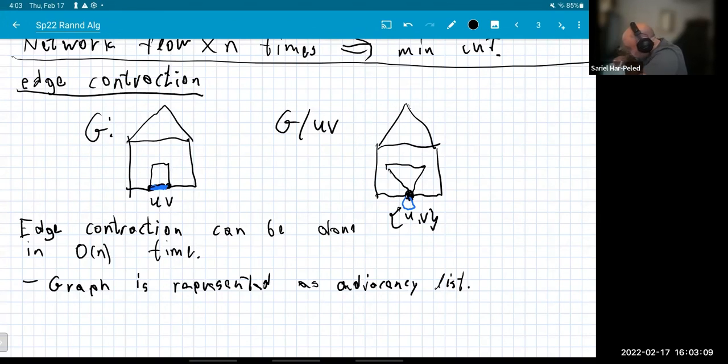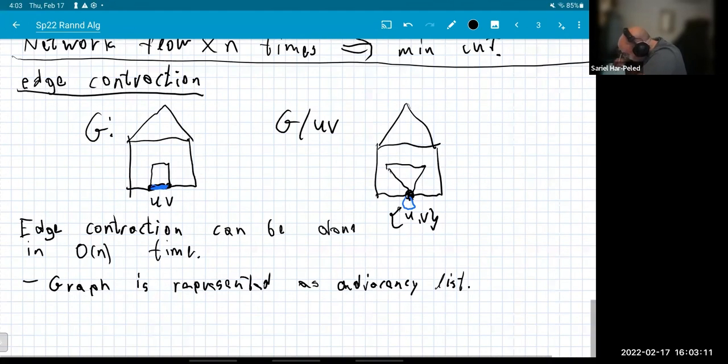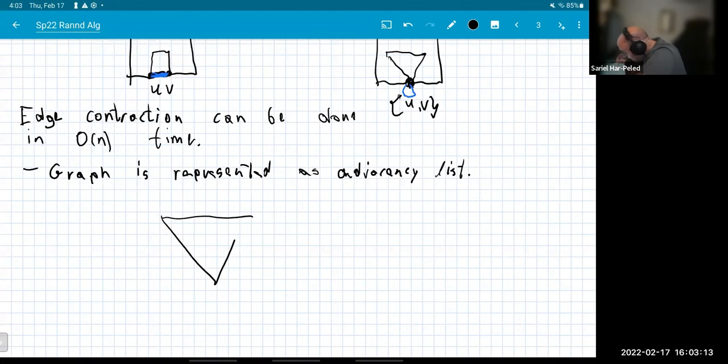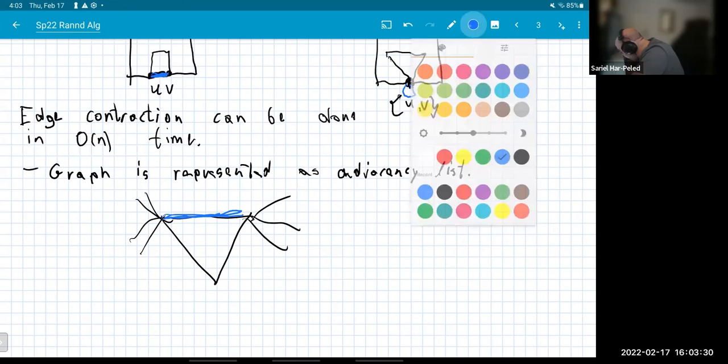Now, of course, there's going to be a big problem, right? Because think about a situation like that. It might be like that. Now I contract this blue edge, right?